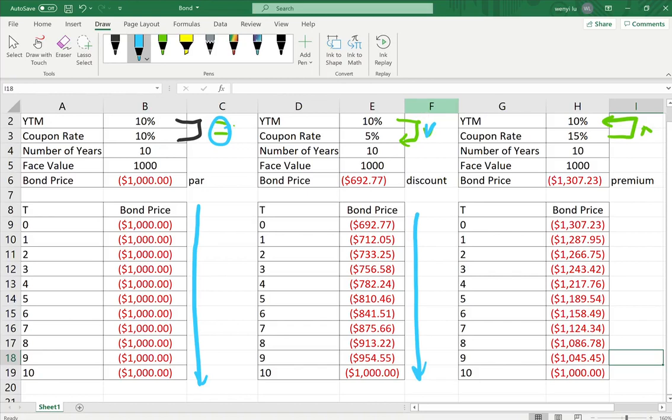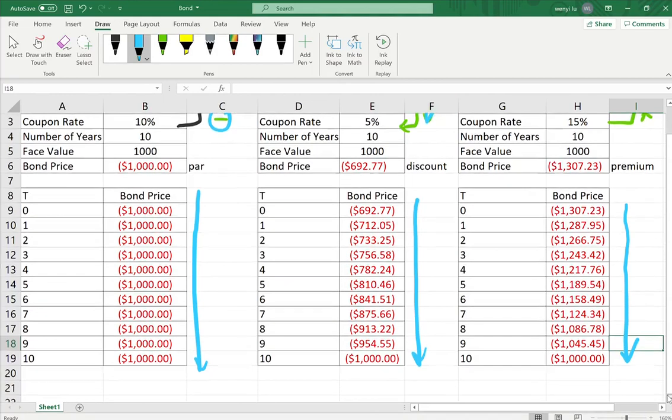Last one, if the yield to maturity is less than the coupon rate, the bond will first trade at a premium, and the price will continue decreasing until $1,000 at maturity. So that's the three price movements of the bond.